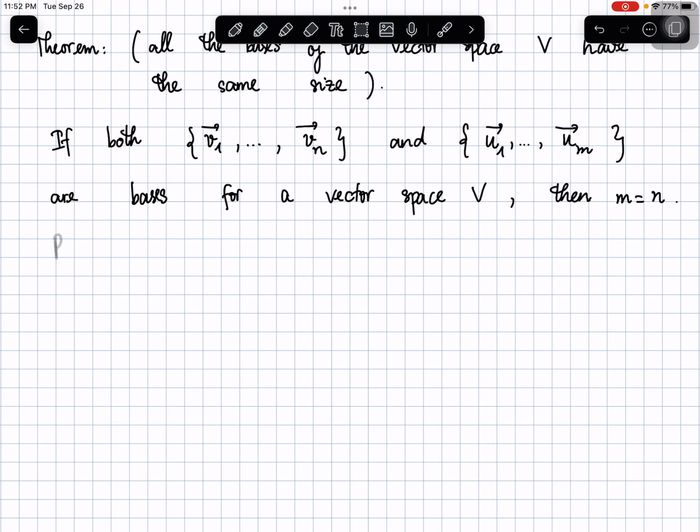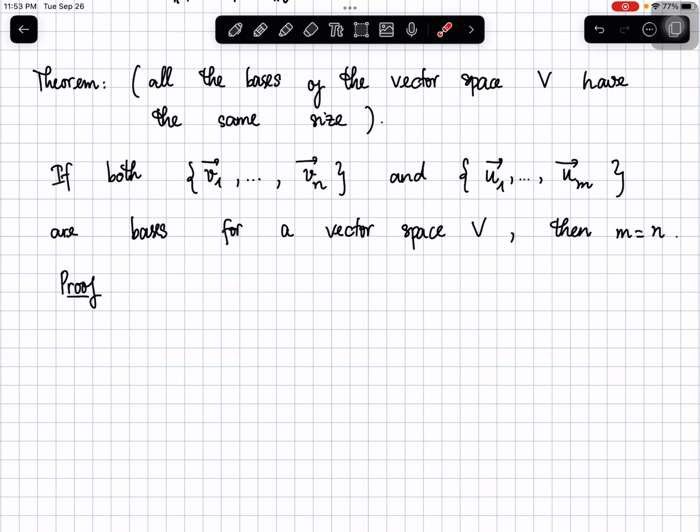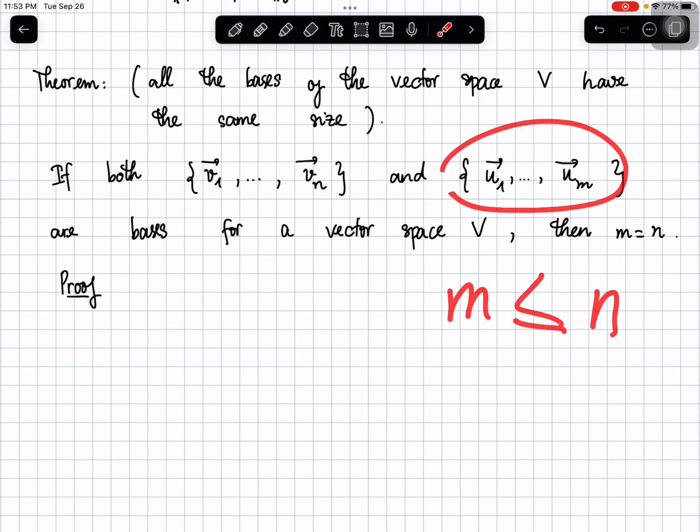So, proof. Recall the previous theorem says that if this is a basis of the vector space V, and this is a set of m vectors in the vector space V, and they are linearly independent, then m is less than or equal to n, right?